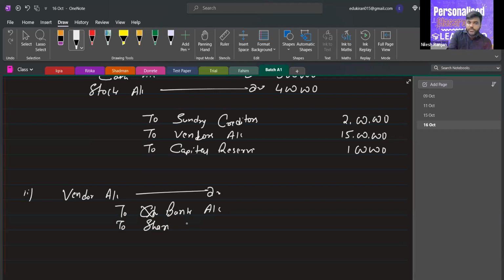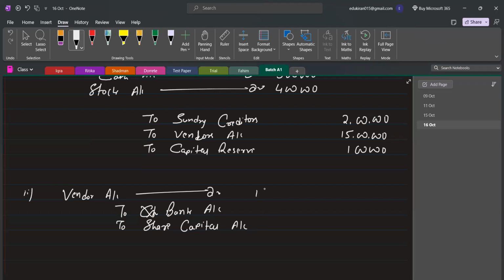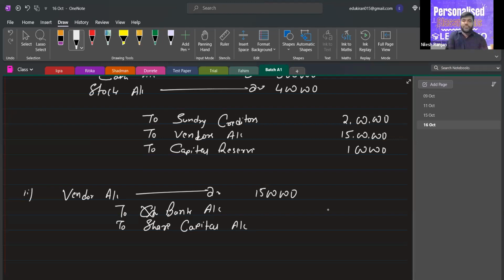There is no security premium, so only share capital. Total amount payable is 15 lakh and we have paid 3 lakh by check. Balance 12 lakh is through issue of share. So this is your second portion.